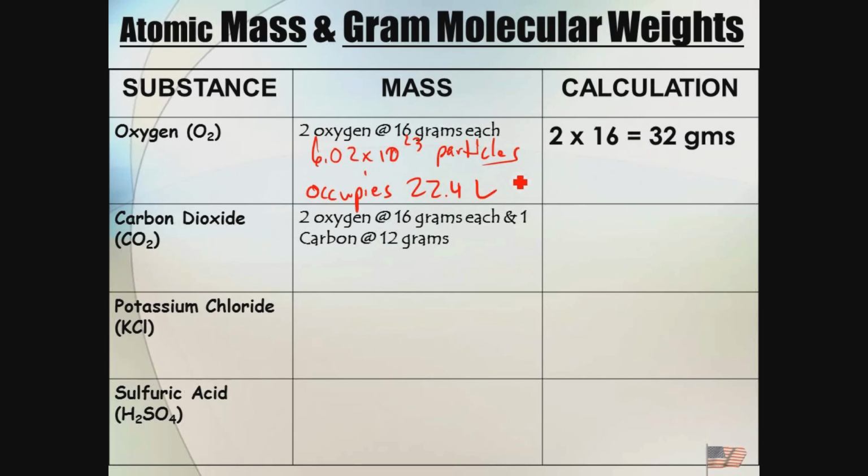So what about carbon dioxide? We have 2 oxygens, 1 carbon. We add them up, we have 44 grams. So 1 mole of carbon dioxide occupies 22.4 liters. That's 6.02 times 10 to the 23rd particles and has a mass of 44 grams.